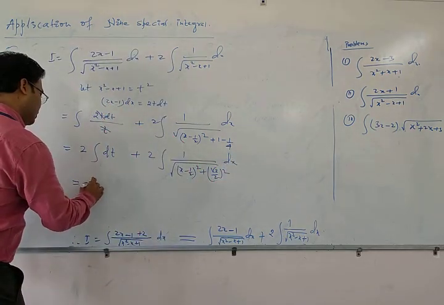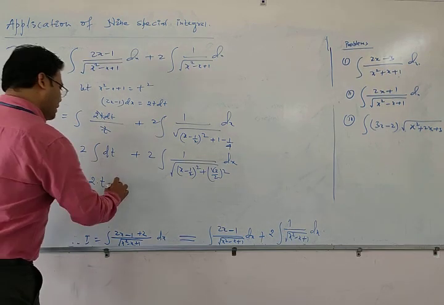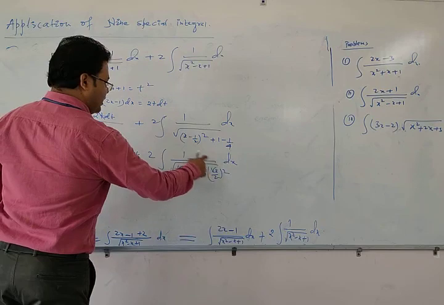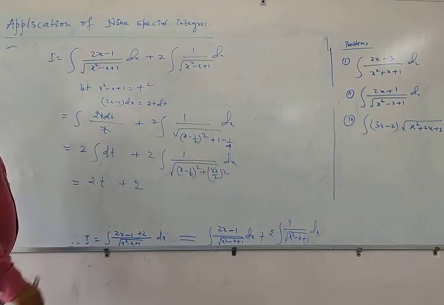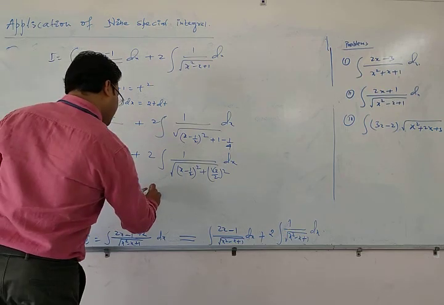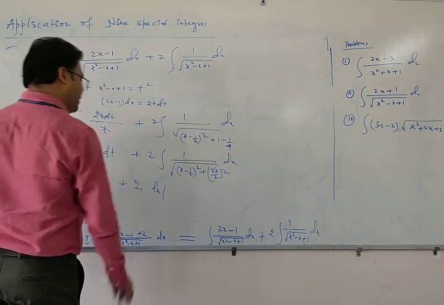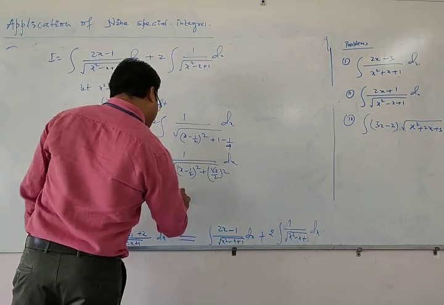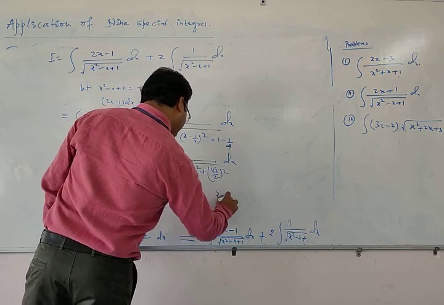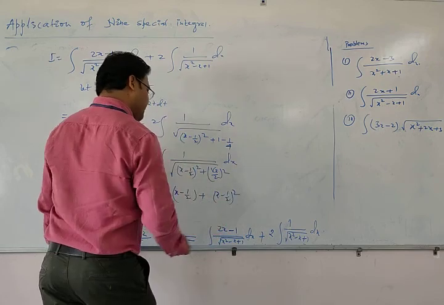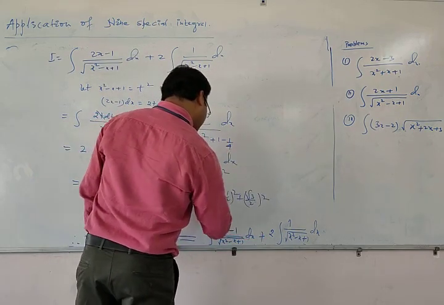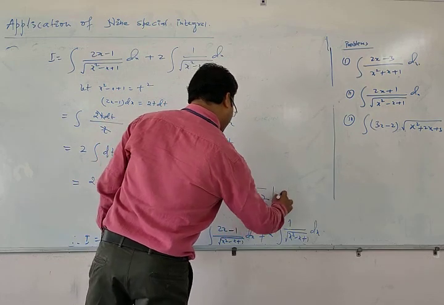Now this is equal to 2t plus 2 times the integration of this type, 1 by under root x square plus a square. So it becomes ln mod x, and in place of x you can write x minus half plus the square root of (x minus half) whole square plus (root 3 by 2) whole square, modulus close, plus constant.